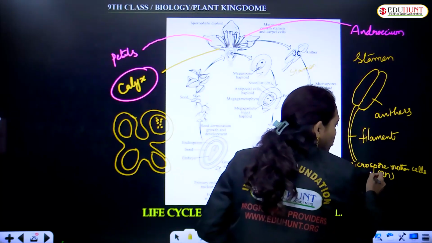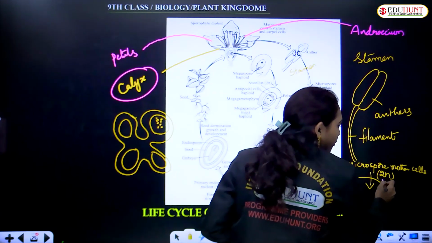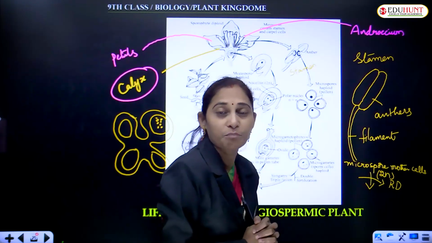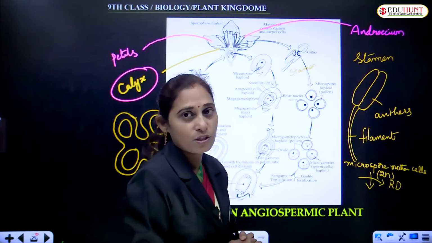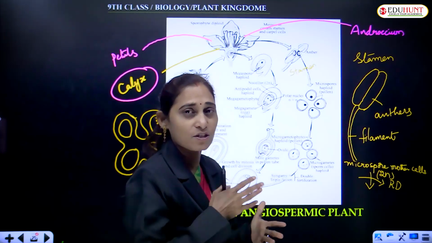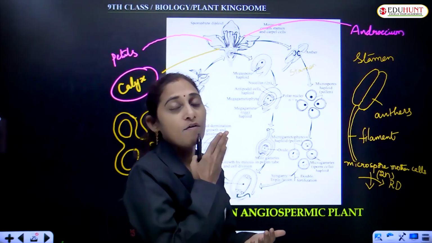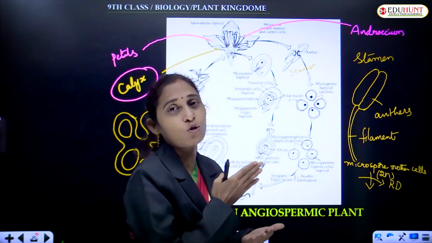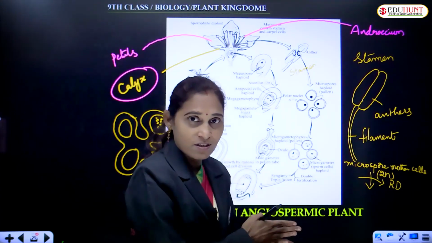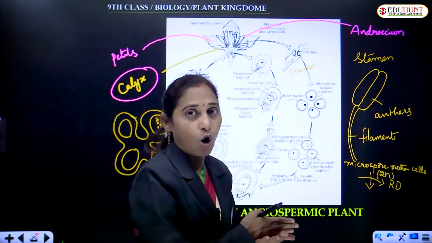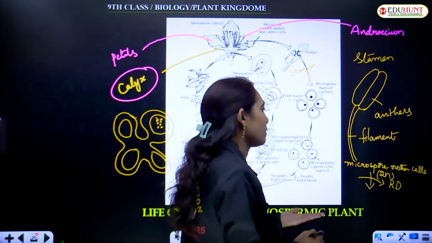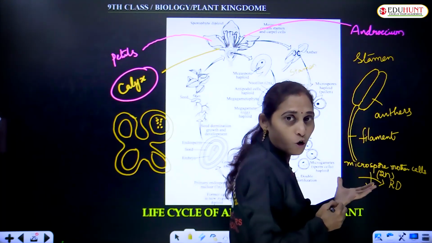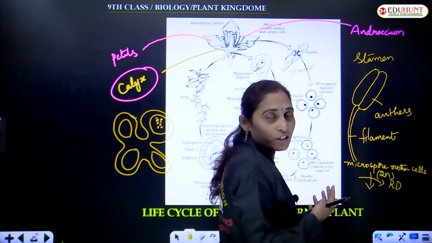And this microspore mother cell undergoes the reduction division. Reduction division means meiosis. Reduction division leads to the reduction of the chromosome number to half. It results in the formation of microspores. Each microspore mother cell undergoes how many divisions?